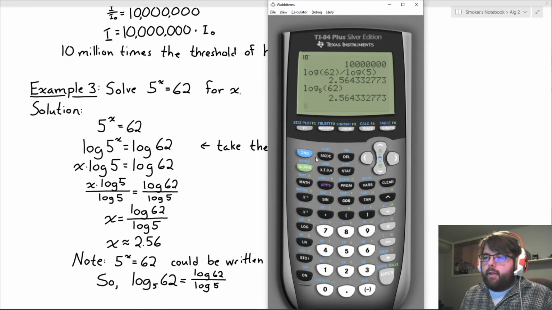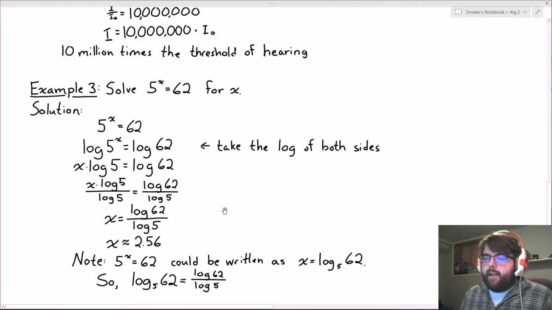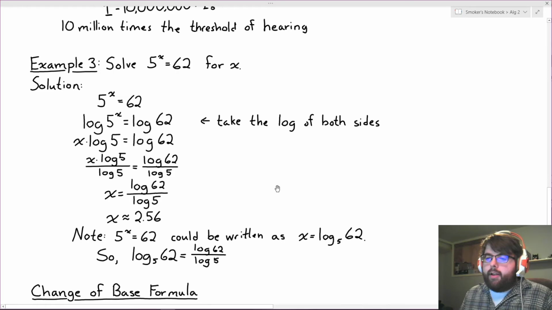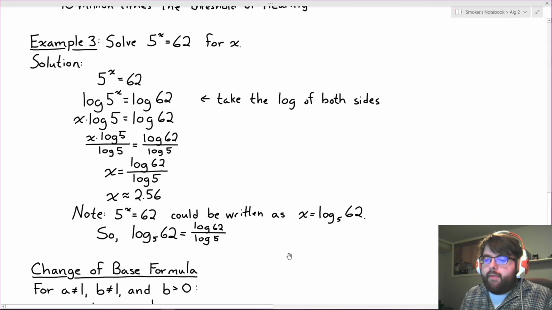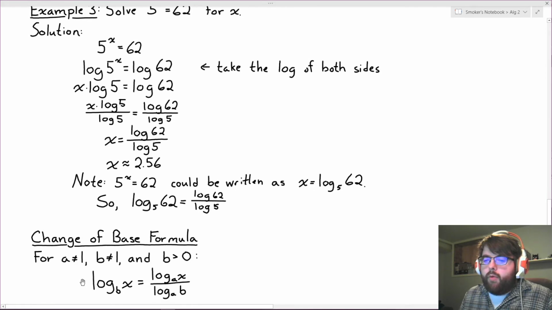Okay, so hopefully that makes sense, because that's actually very significant in logarithms. And it also gives us the ability to actually change the base of any logarithm that you have. So we have a change of base formula that we can go from any base we have to any base we want in general.